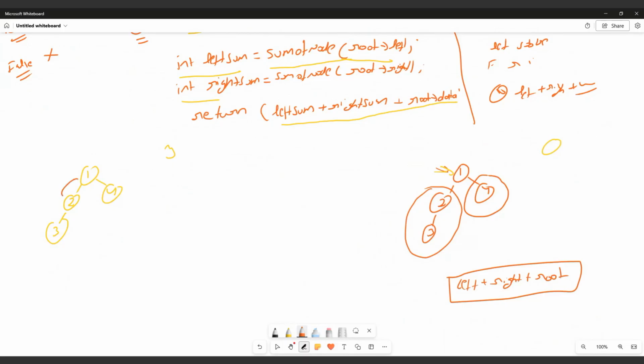Now we move to the left, again to the left. We get 0, and similarly 0 from this side. With 0, 0, 3, we return 3. We get 0 from here. 3 plus 2 plus 0, so we send 5. Similarly we send 4 here. So 4 plus 5 plus 1, what is the answer? 10. So we get the answer as 10.